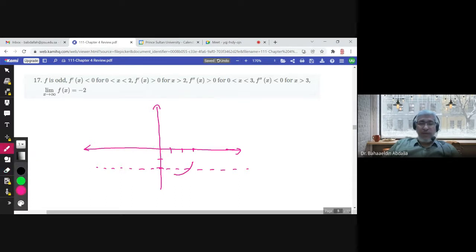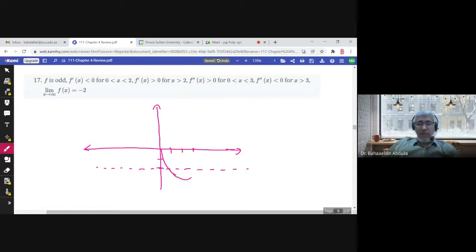And then after 3, from 3 to infinity, it's concave down. Like this, it will not be concave down. So I have to do it like this.